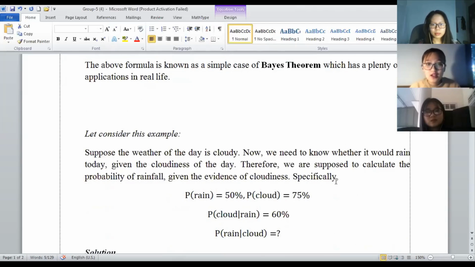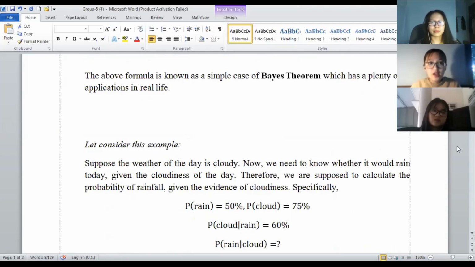Here, I have an example for you. Suppose the weather of the day is cloudy. Now, we need to know whether it will rain today given the cloudiness of the day. Therefore, we are supposed to calculate the probability of rainfall given the evidence of cloudiness. Specifically, I will give you some figures.